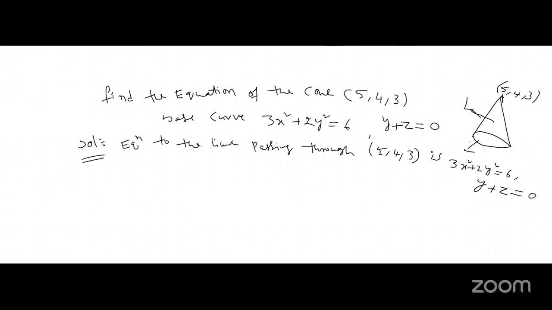It is (x minus 5) by l equals (y minus 4) by m equals (z minus 3) by n. Let's take any one of these equal to r.